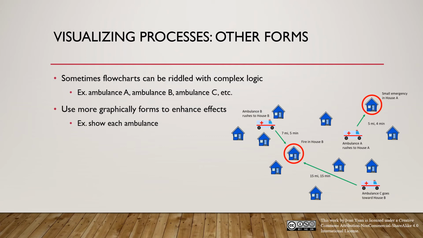And therefore, you might want to use some more graphical forms to enhance the effects and make sure your audience is clear about which ambulance is which. For example, in this figure on the right, I showed every ambulance and every house, and showed their relative distances, which makes it more intuitive to the readers.